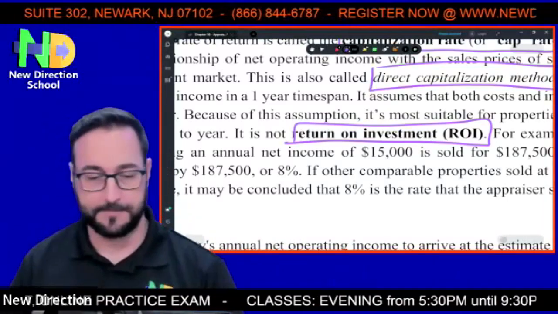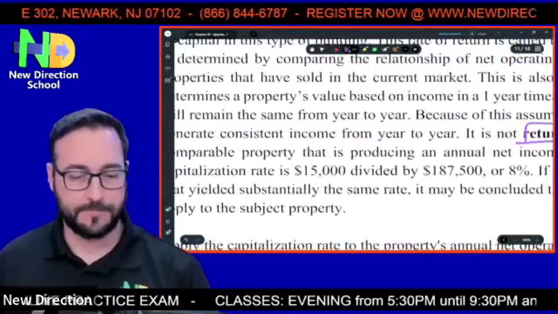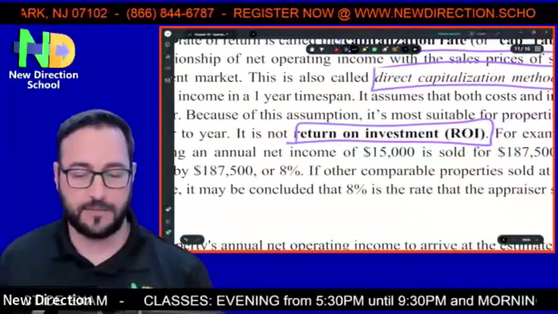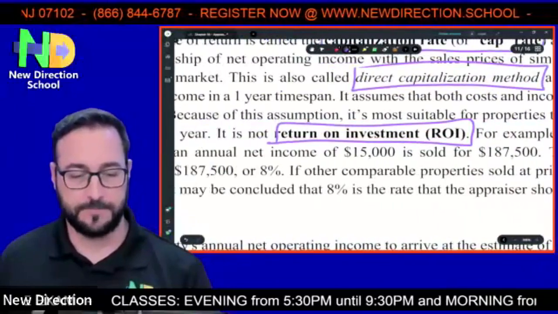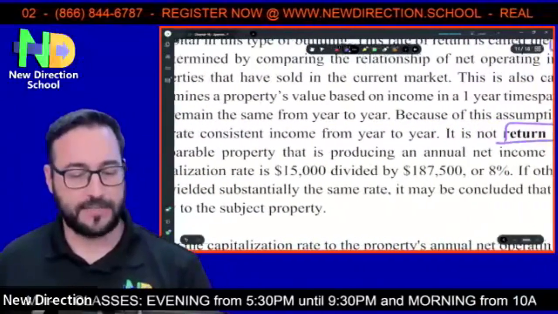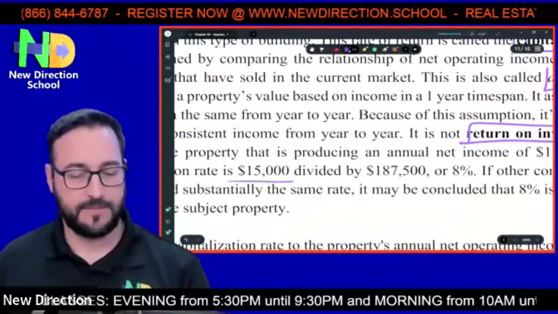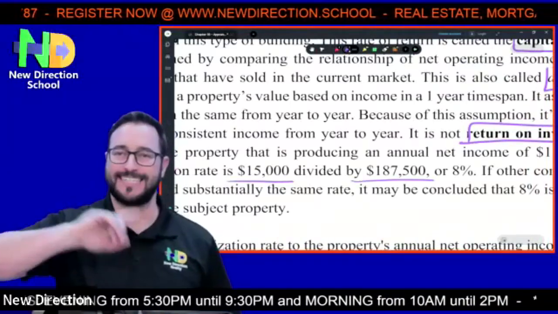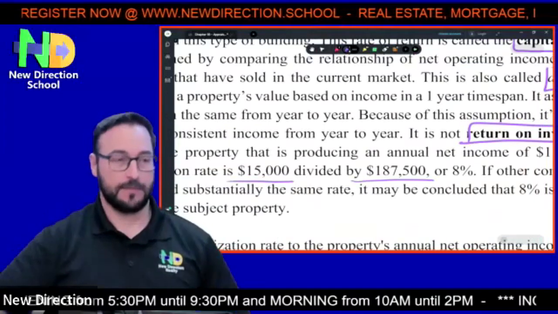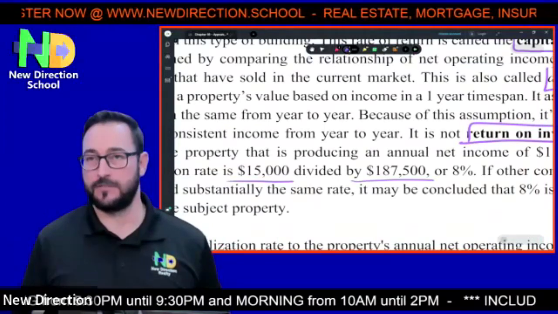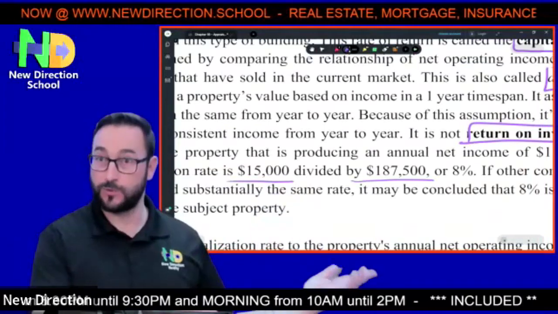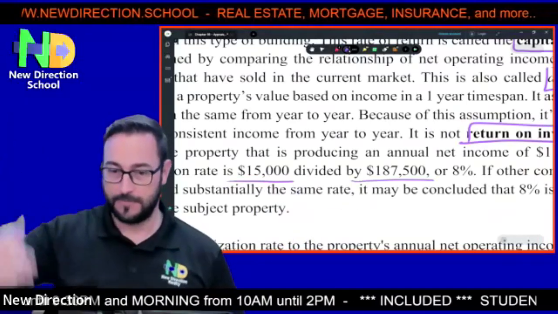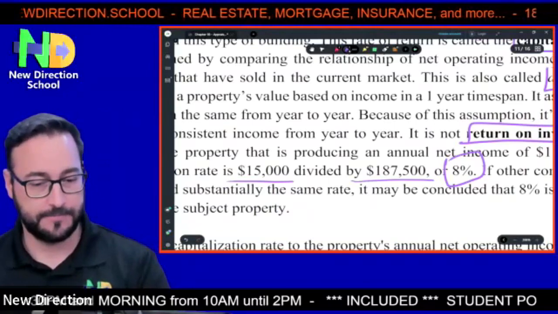My investment, I mean. So for example, a comparable property that's producing an annual income of $15,000 is sold for $187,500. The capitalization rate is 15,000 divided by that. So you know those properties that I showed you that did not have the cap rates? All the lazy realtor had to do is there's an NOI, which we saw, divide that by what you're trying to sell, and that's your cap rate.